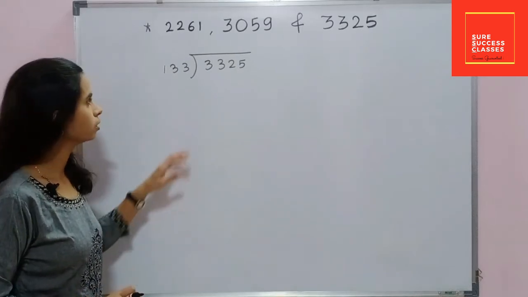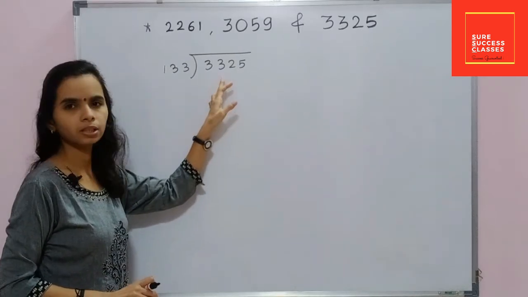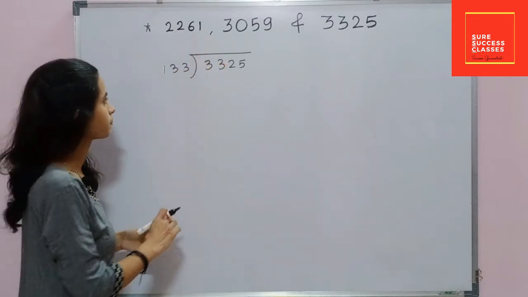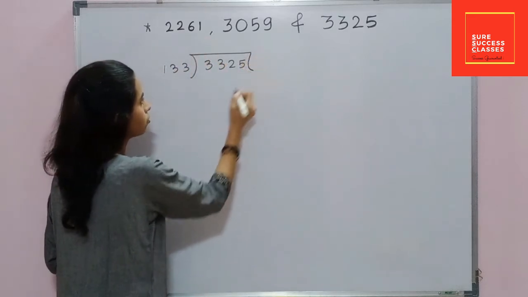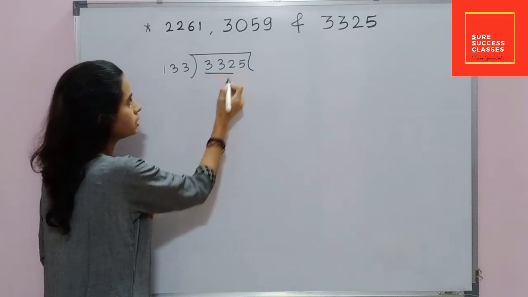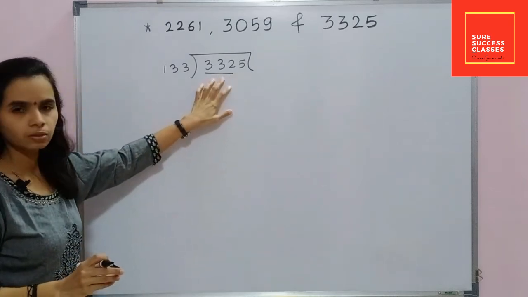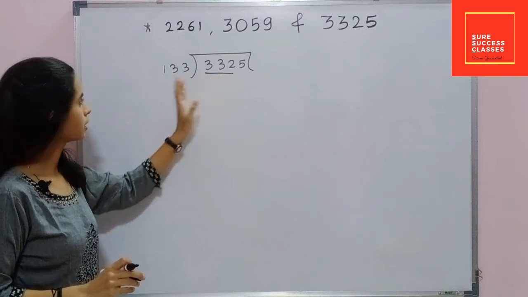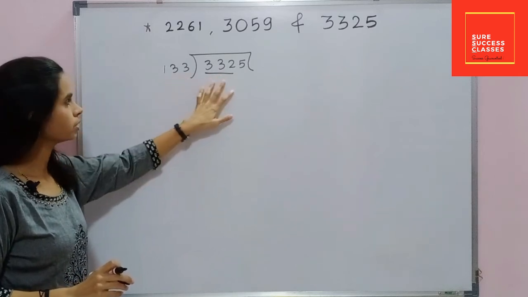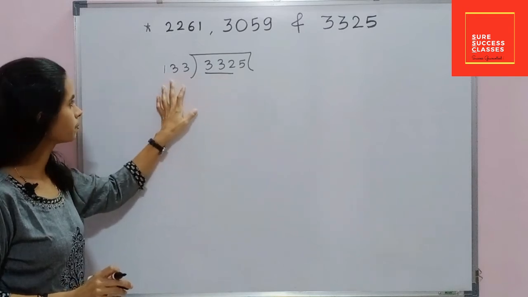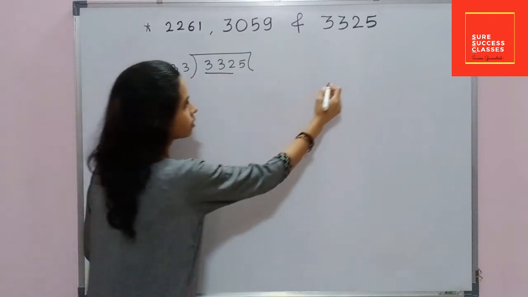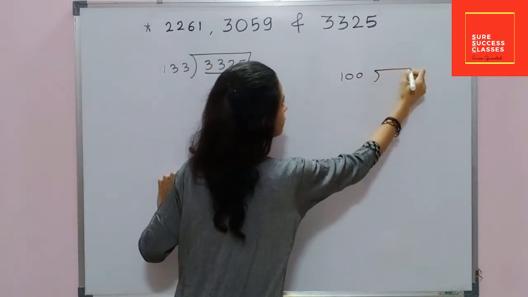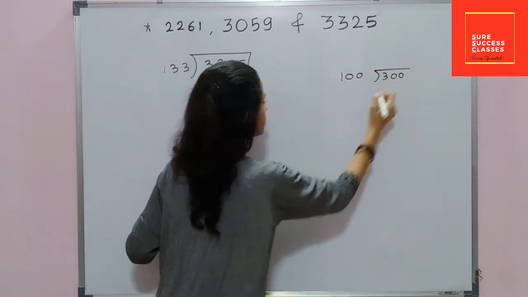Students, by rule we will divide this 3325 by the HCF of these two numbers. If you see here carefully, these 3 digits form this number and it is greater than this one. So we will first divide this number by this divisor. If we round off these numbers, we will get it in this way.